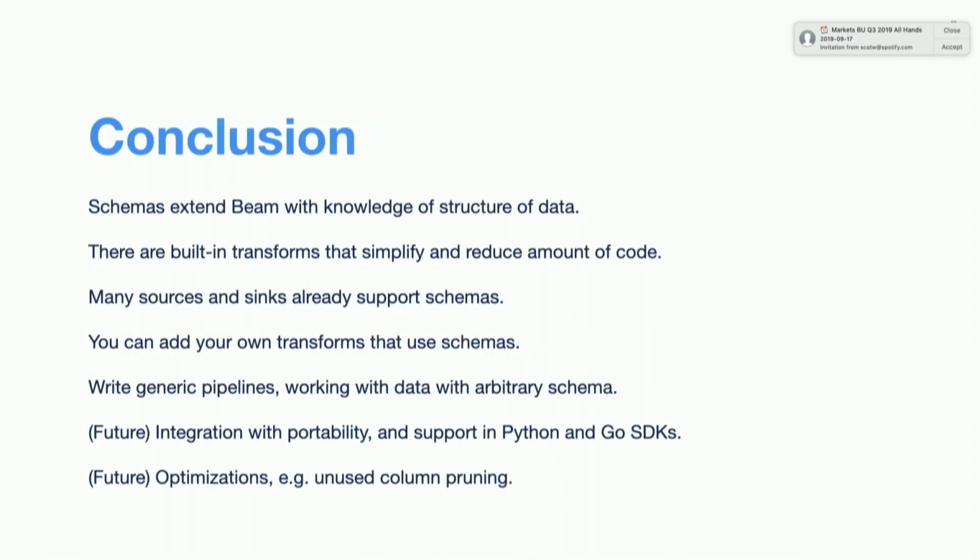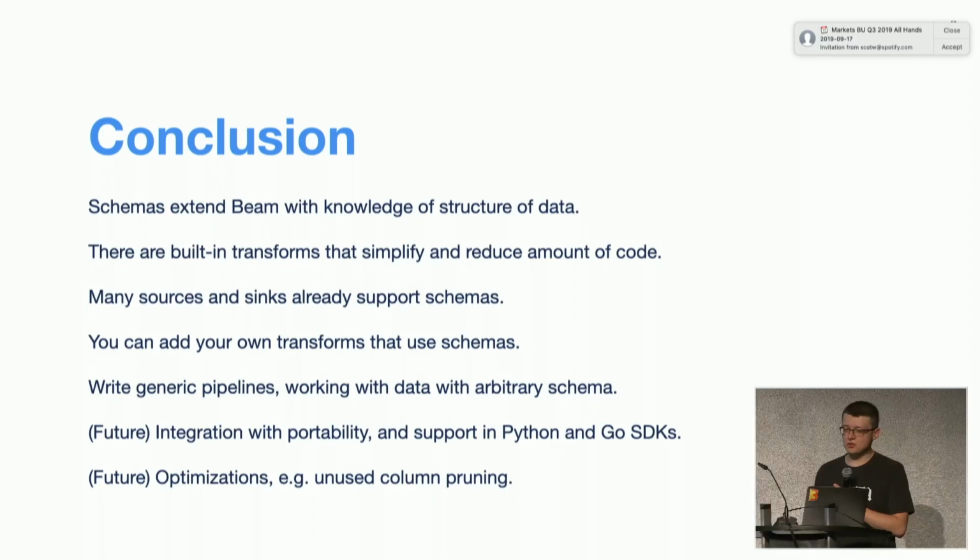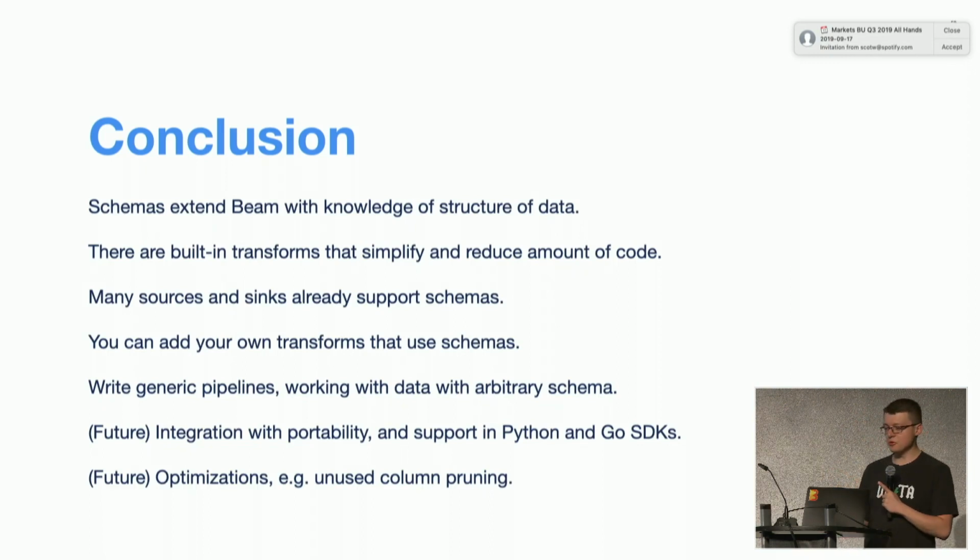As a conclusion, Beam schemas extend Beam with the knowledge of the structure of your data. It's not just a byte sequence anymore. Beam will really understand the structure of the data, if there are fields, and what the types of these fields are. There are many built-in transforms that simplify and reduce the amount of code that you have to write, and you can add your own transforms.